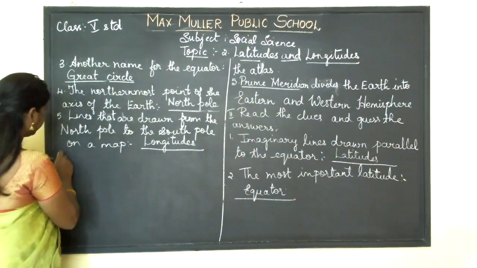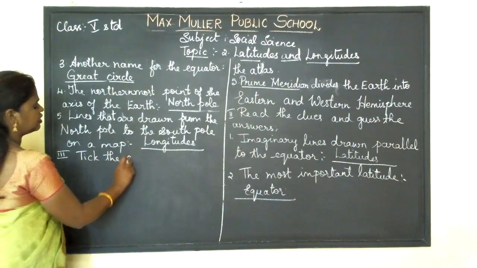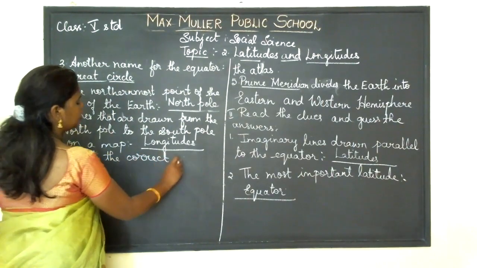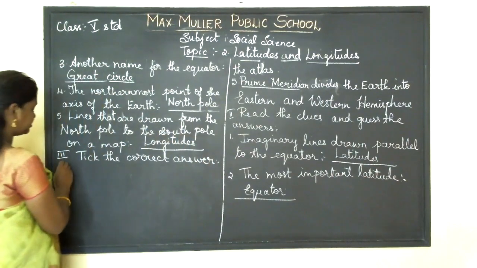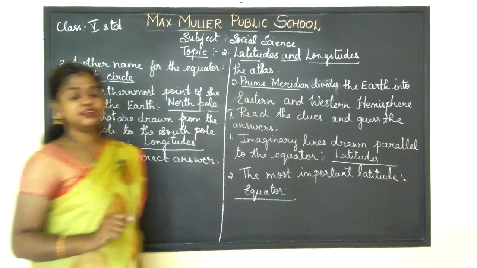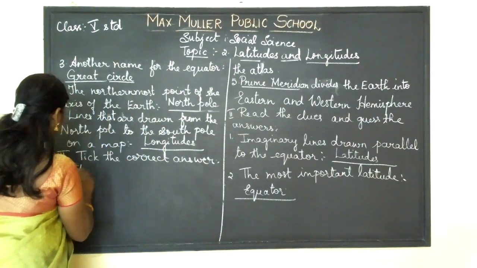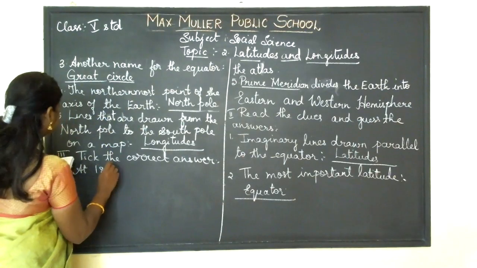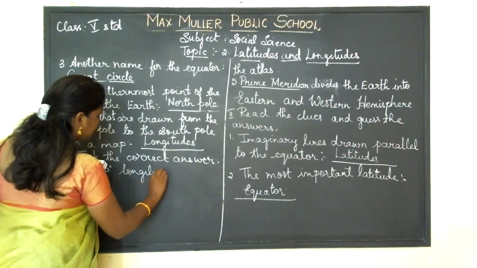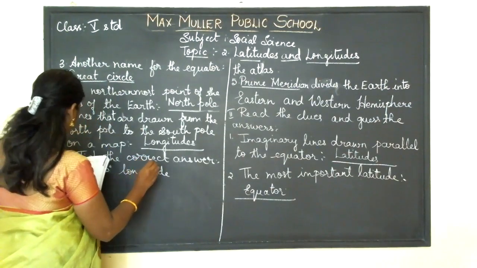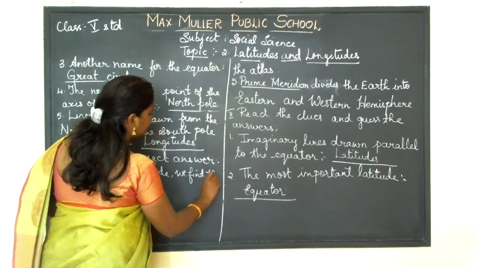Next one. Check the correct answer. So the next main which we are going to write is check the correct answer. So the first question is, at 180-degree longitude, we find the dash.